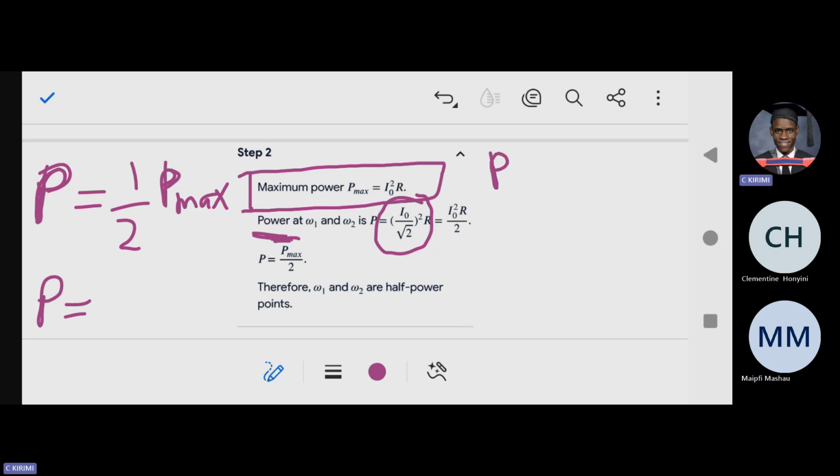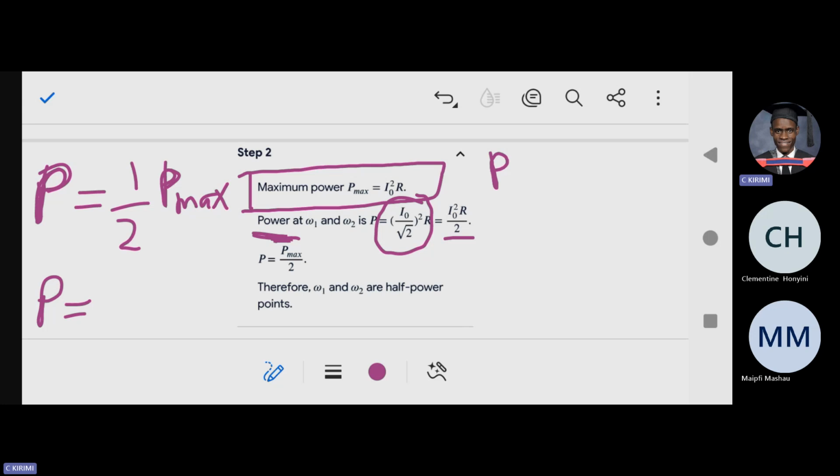This P, which we are referring to, the power at W1 and W2, is the one which is I naught over what? Root of 2, then you square and you multiply by R. When you simplify that P, you are getting this.